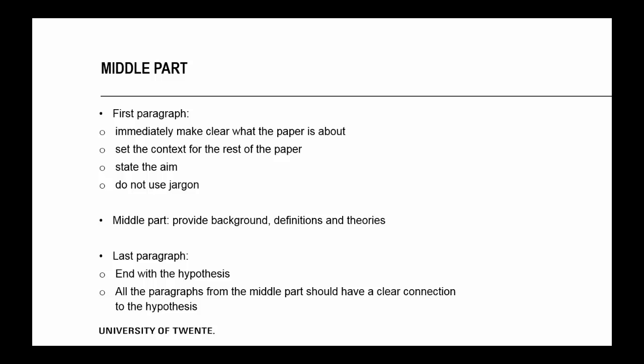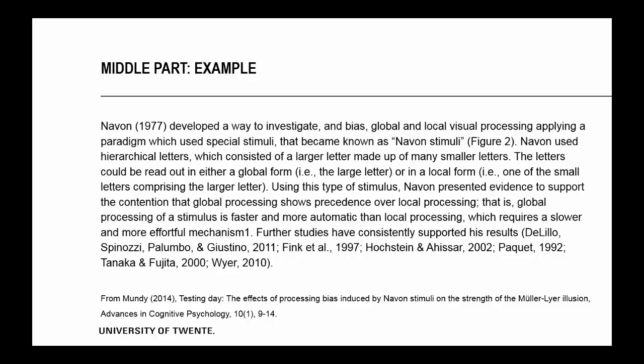It's difficult to give a full example of all the elements that you could see or have to write in the middle part. This is just one paragraph again from the Mundi article, where this paragraph is focused on the Navon stimuli. This was already a term that I showed in the last paragraph earlier.